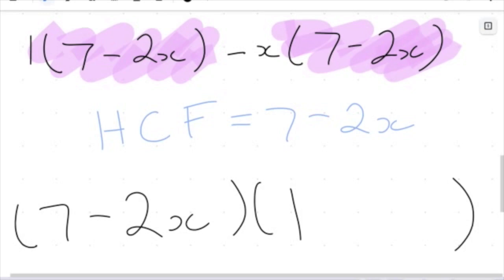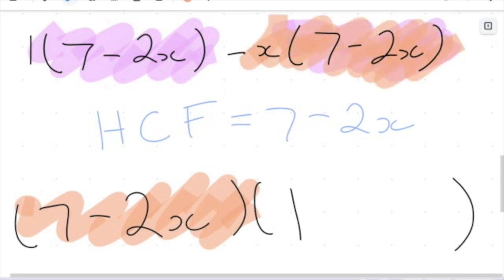You can write it like this if it's easier for you, but we can just think of this as, well, how many times does 7 minus 2x go into 7 minus 2x? It's going into itself, right? So it's going into itself one time. Now, how many times does 7 minus 2x go into minus x outside of 7 minus 2x? Well, I just want to see what was multiplied by this to give me x outside of 7 minus 2x.